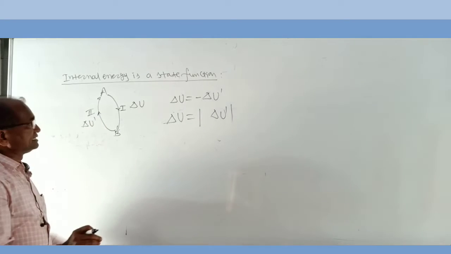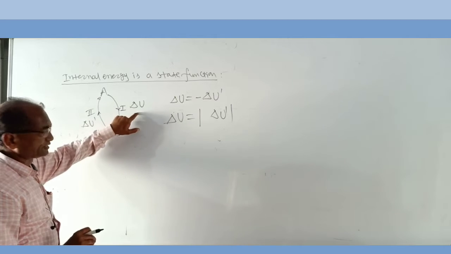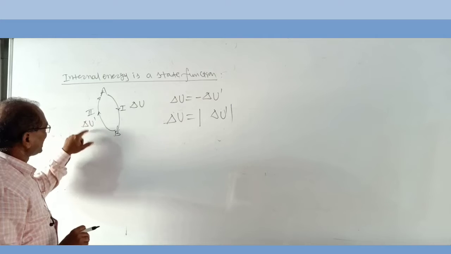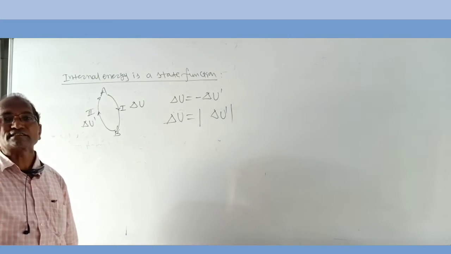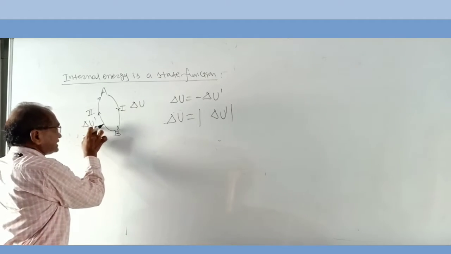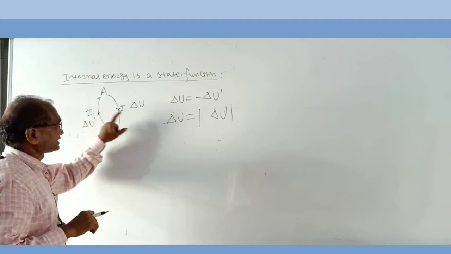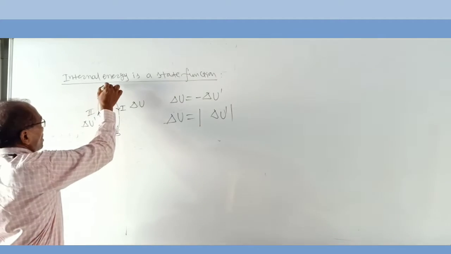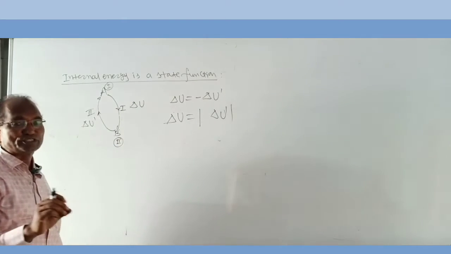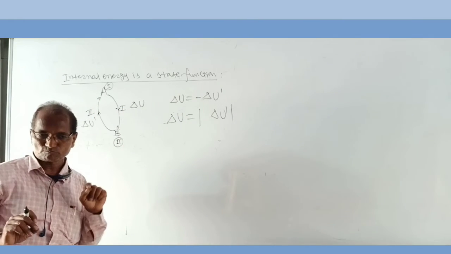It means that the change in internal energy by path 1, A to B, delta U, and the change in energy by path 2, B to A, delta U dash, are both the same. It means that delta U and delta U dash do not depend upon the path followed by the system. They depend only upon the initial and final state of the system. Therefore, internal energy is a state function.